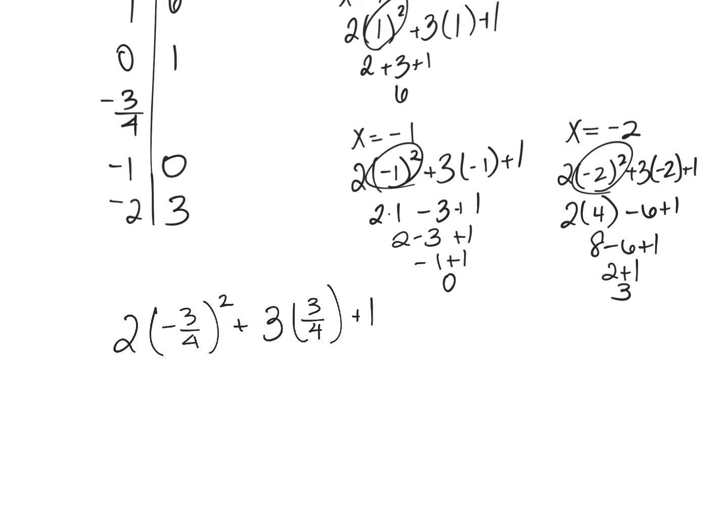Okay, so how do I square a fraction? We square the top, we square the bottom. So -3/4 squared is 9 over 16 times 2. You're just multiplying the number by itself. -3/4 times -3/4 is 9 over 16 plus, put a 1 underneath that 3.